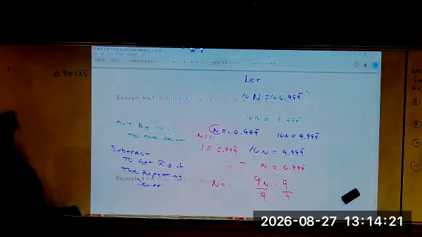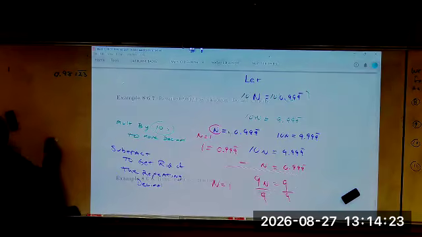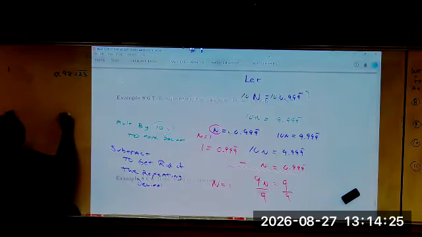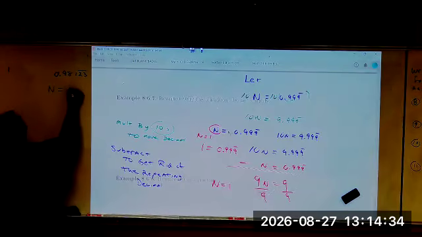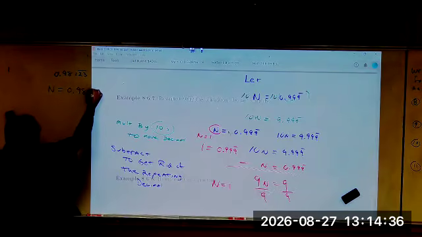So the first thing is you're going to start with n is equal to 0.98123 repeating.